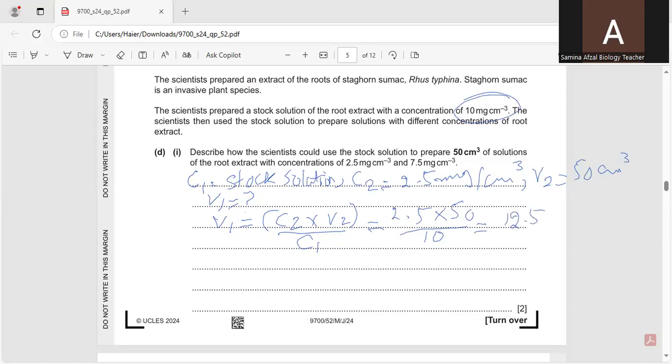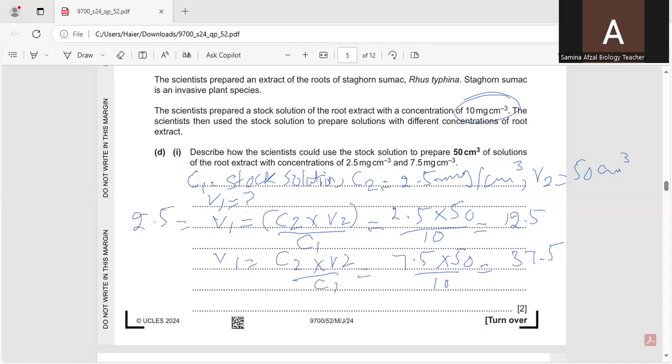And the same for V1 is C2 into V2 over C1, is equal to 7.5 into 50 over 10. I will also calculate it: 7.5 multiplied by 50 divided by 10, so it will be 37.5.